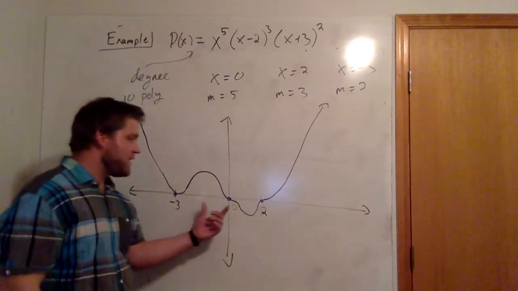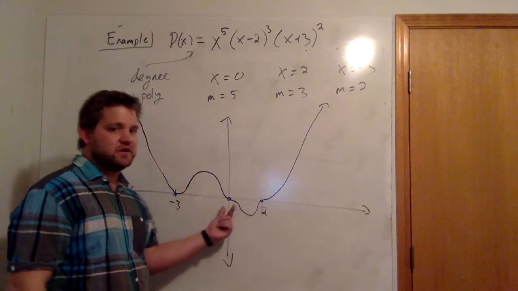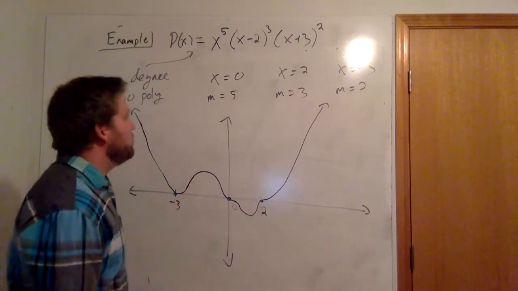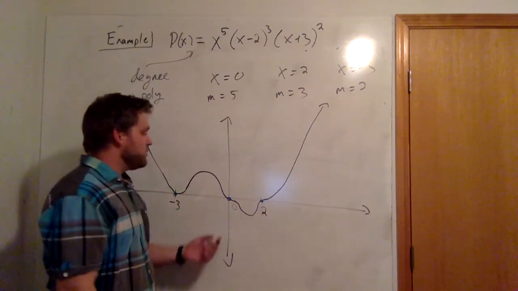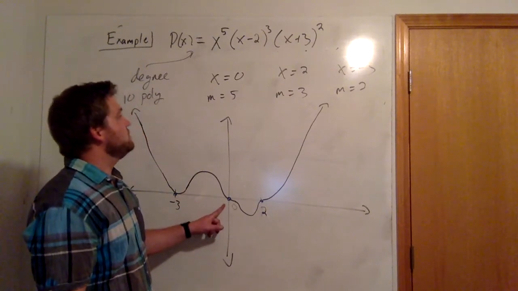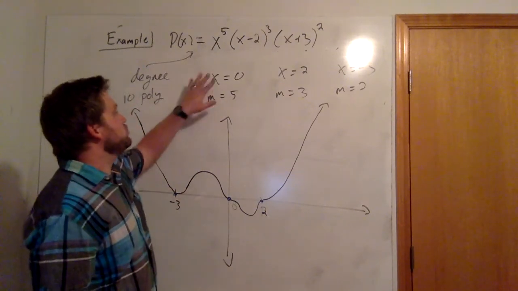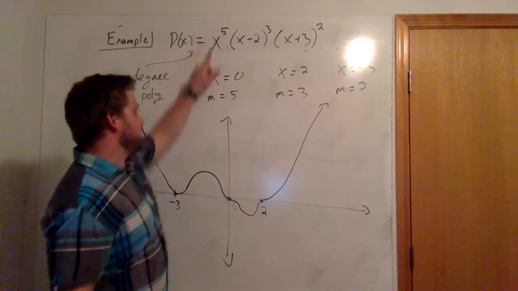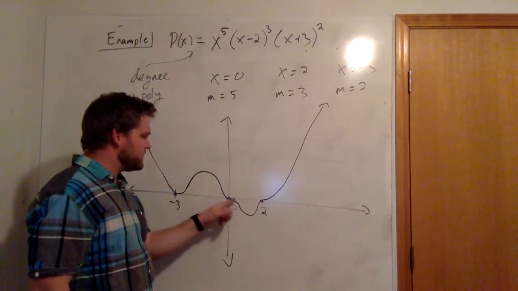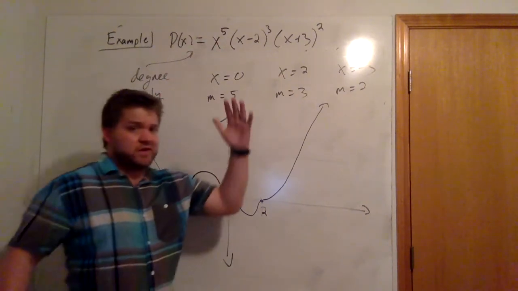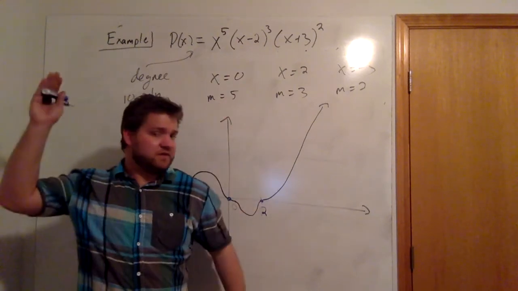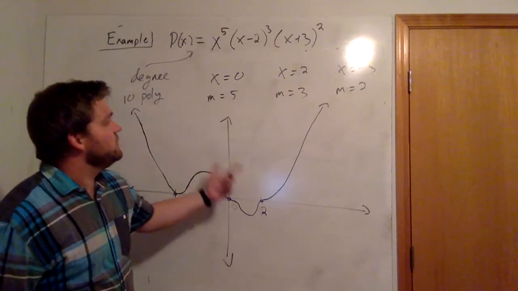Now, why did I draw these little squigglies here? I'm going to be super picky about this, but it turns out that if I'm near 0 here, the graph will look a lot like an x to the 5th kind of piece. So locally, it'll look like that squiggly, kind of like an x cubed piece. How about over here?